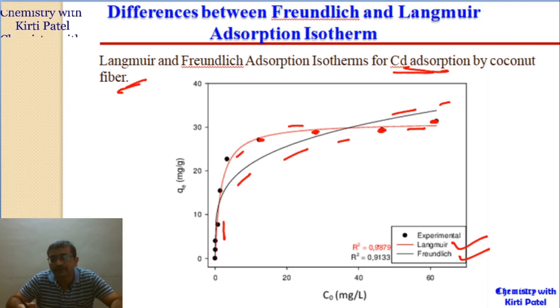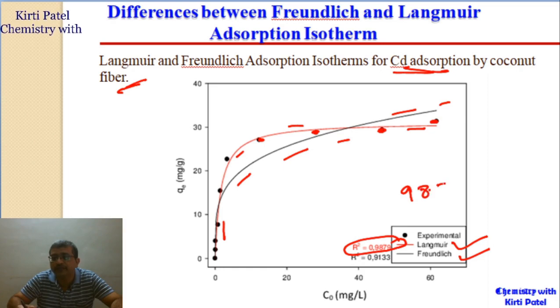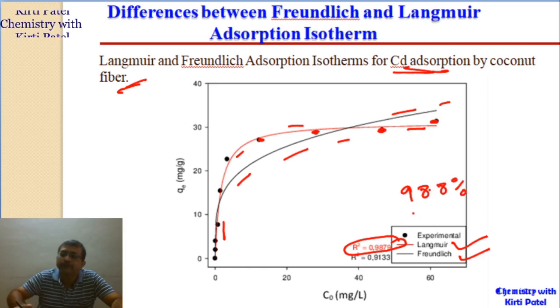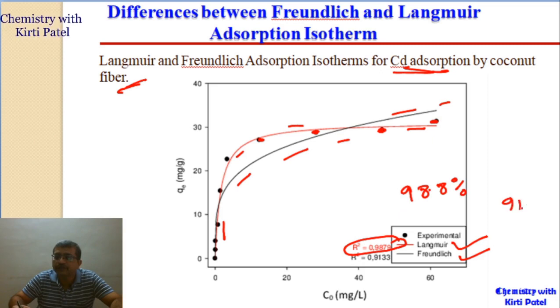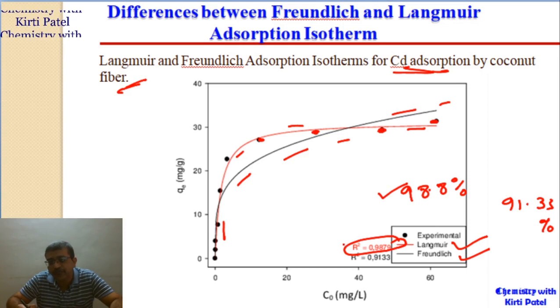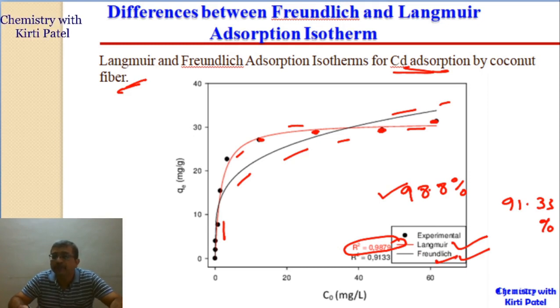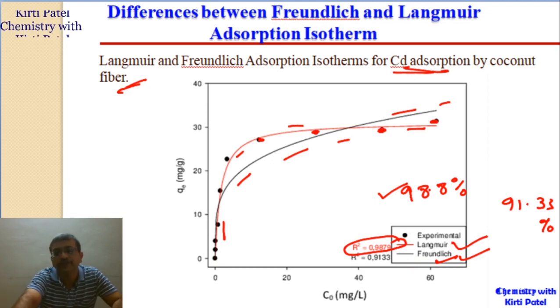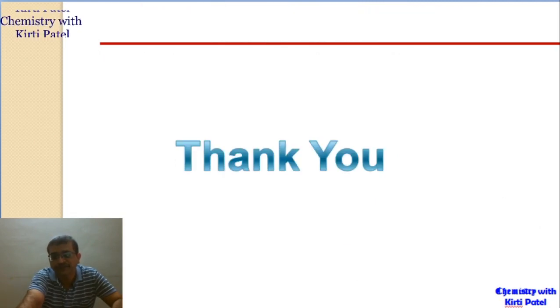The correlation value for Langmuir's adsorption isotherm is about 98.8%, while that for the Freundlich adsorption isotherm is only 91.33%. So there is a much better correlation for Langmuir's adsorption isotherm with the experimental values, while it is a little bit poor for the Freundlich adsorption isotherm in the case of adsorption of cadmium over the fibers. In other experiments, it might happen that Freundlich adsorption fits better than Langmuir's.